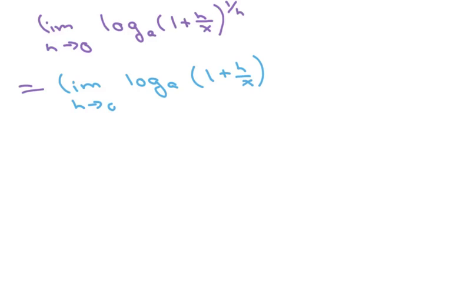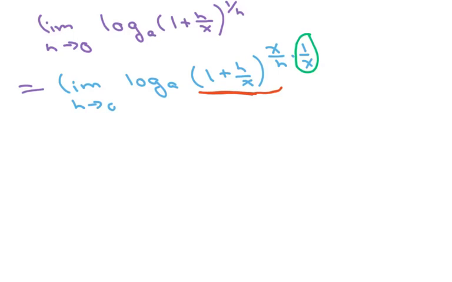And I'm going to go ahead and write this as x over h times 1 over x. And the reason is I want this right here to be pulled out because I know the derivative of log base 10 is 1 over x. Okay, so now I'm going to go ahead and pull it out, and I can write this part inside here as e.